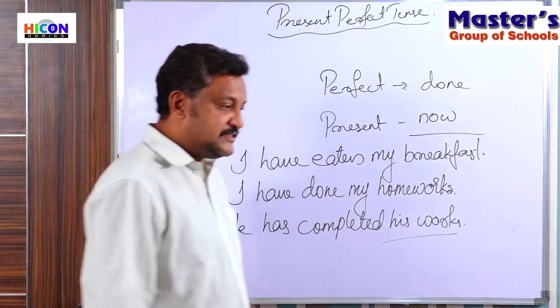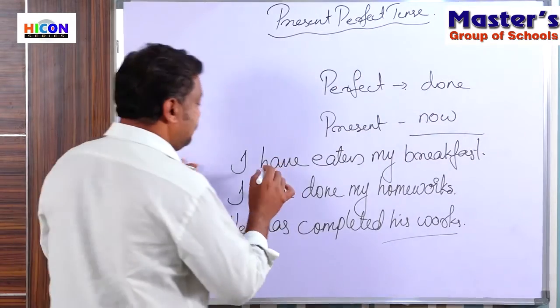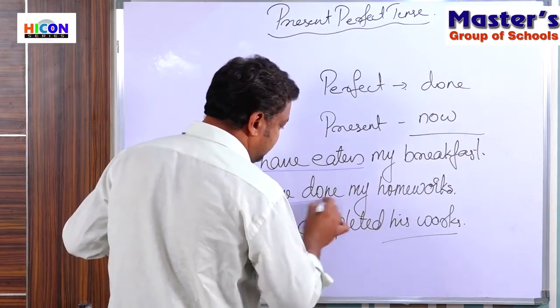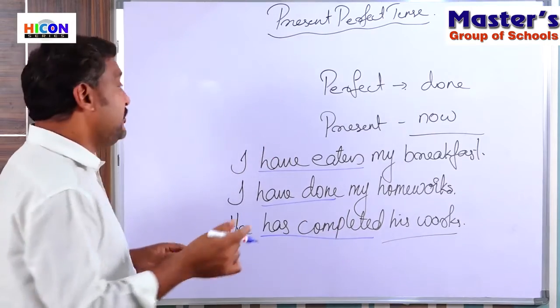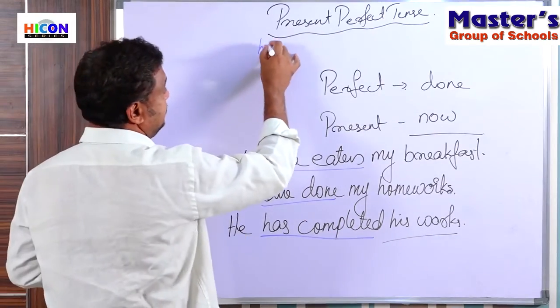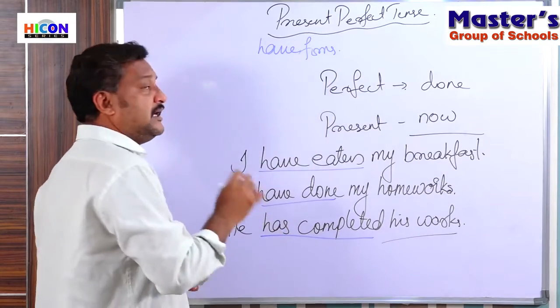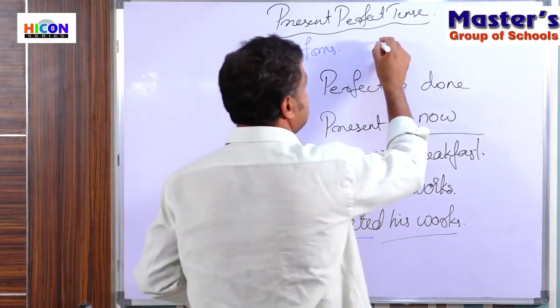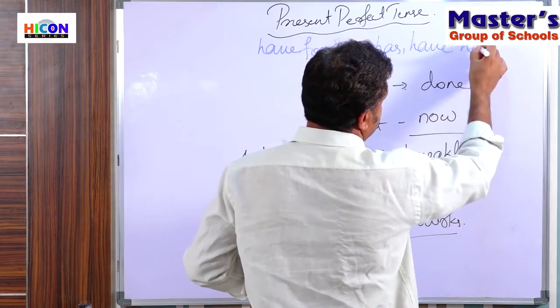Right. Now, let us have a look at these sentences once. See, have eaten, have done, has completed. So, we use have forms in a perfect tense. So, which are the have forms? Has, have, had, isn't it?